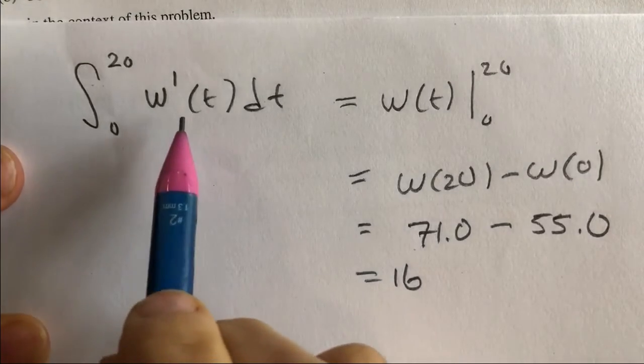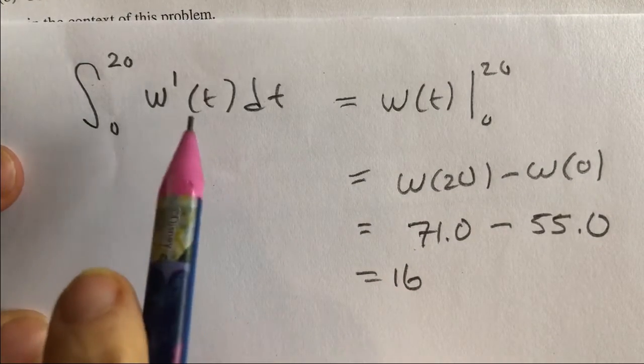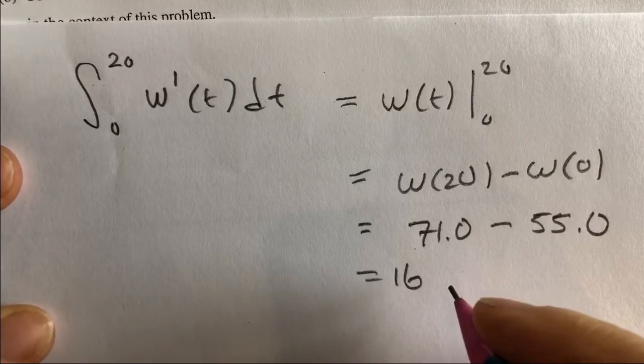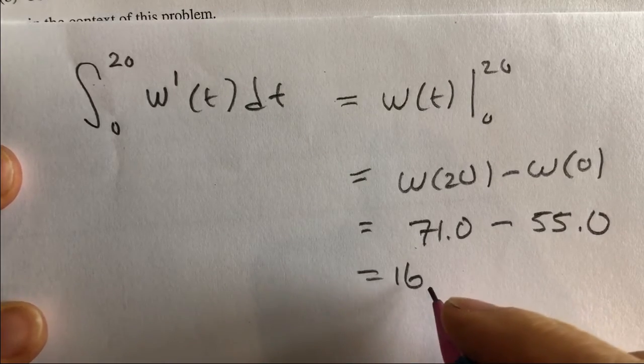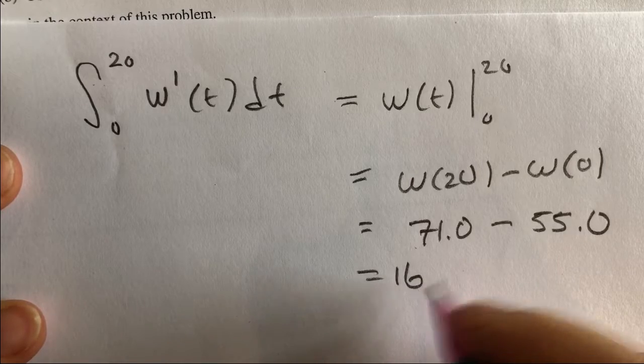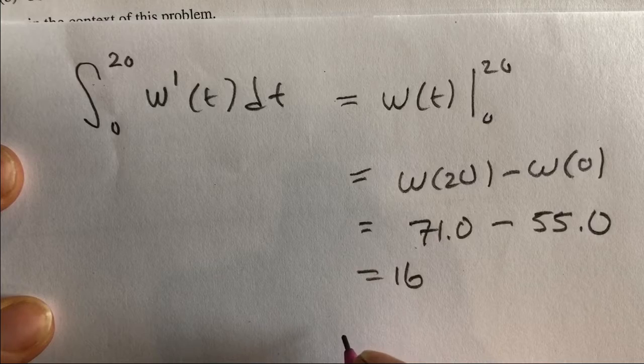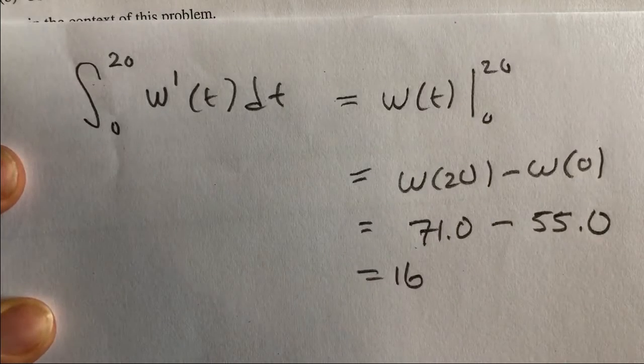Whenever you integrate the derivative of a function, you get the total change in that function. So that gives you the temperature change of the water from time 0 to 20 is 16 degrees. So the total change in temperature of the water is 16 degrees from t equals 0 to t equals 20.